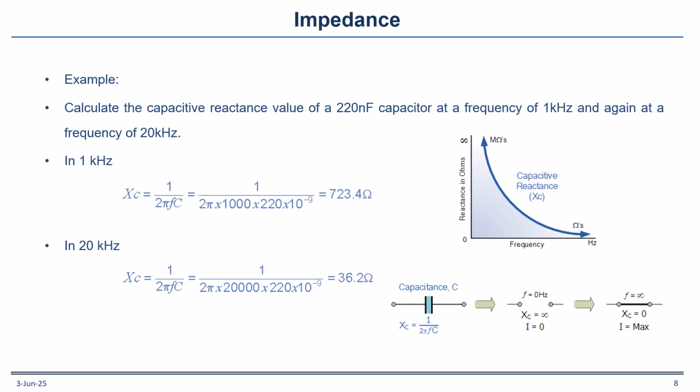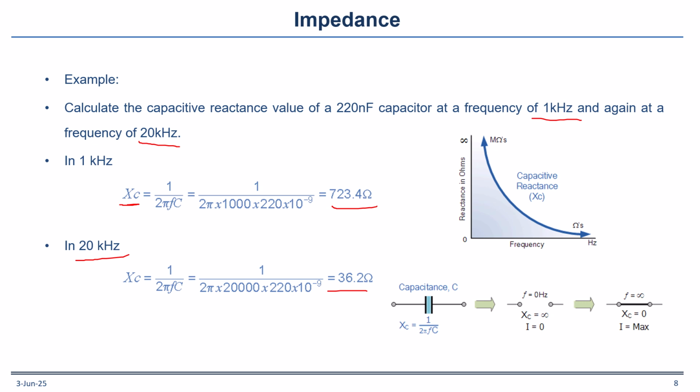If we have a capacitor of 220 nanofarad, and the frequency is one time 1 kilohertz and another time 20 kilohertz. At 1 kilohertz, the reactance is 1 divided by 2 pi fC, which is 723 ohm. For 20 kilohertz, it will be 36 ohm. So we can see the difference: the higher the frequency, the lower the reactance.